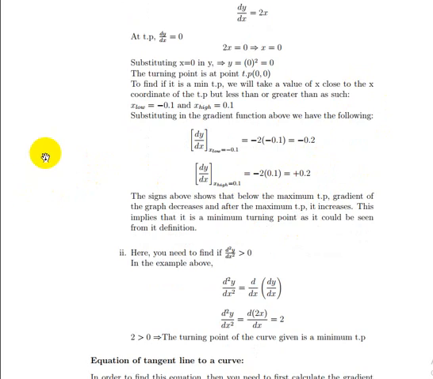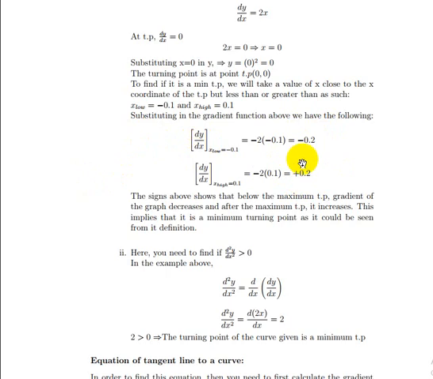Now lastly, a null turning point is one which causes the curve to change from positive to positive. So the steepness before the null turning point is positive, and the steepness after the null turning point is still positive. So if you find that the value here is positive and then the value again is positive, then it's a null turning point.